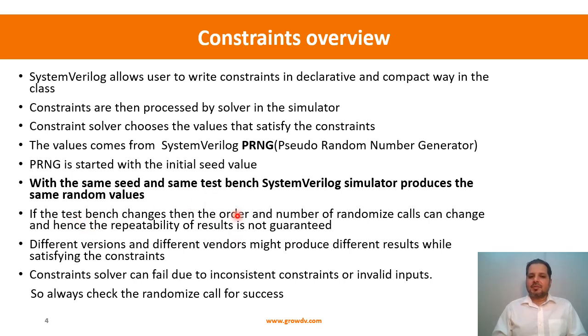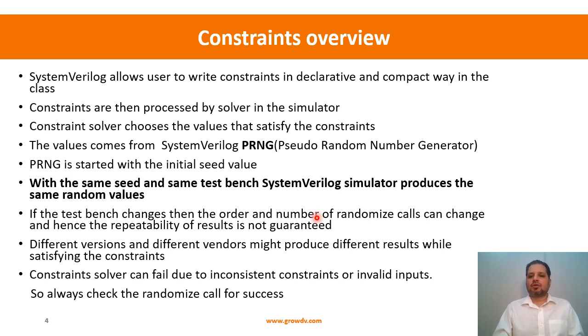But if the test bench changes, say you change the order, instead of doing low power later, you do low power first, and then you do some traffic, and then you change the amount of traffic that gets generated, so the total number of randomize calls changes, and then you recompile and rerun the simulation, then the stimulus generated is not guaranteed to be exactly the same. Okay, you could have changed it somewhere else, but as the order changes, it is not guaranteed. Okay, so there are ways to minimize this disturbance, where you change something and everything falls apart. There are ways to prevent it.